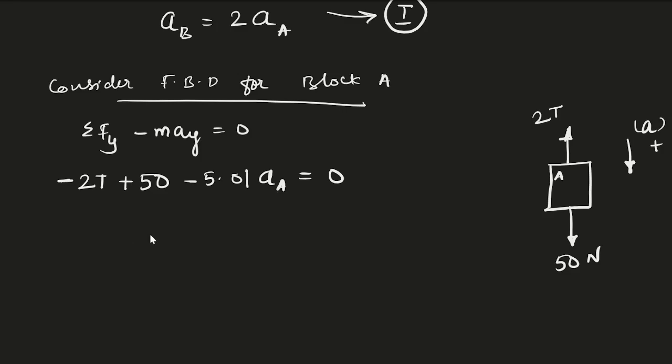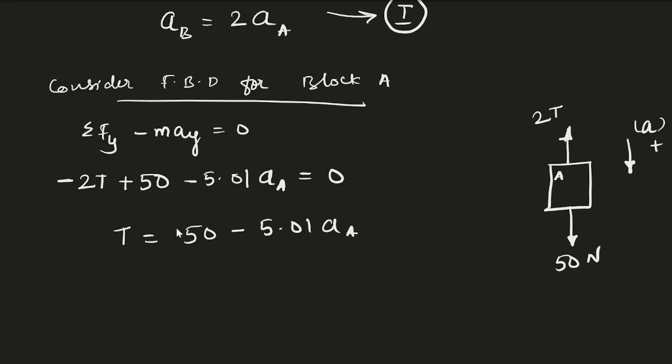Okay, so we can keep it in the form of T as well. So T will be equal to, this 2T can go to the other side. So 50 minus 5.01 A suffix A, divided by 2.